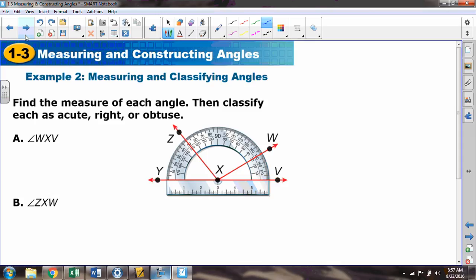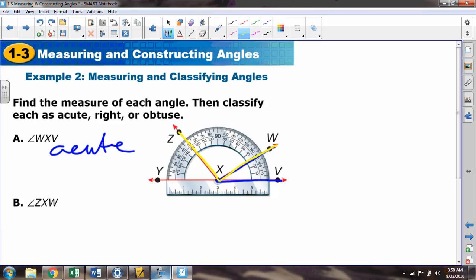Okay, so let's start looking through some pieces. Angle WXV. What kind of angle is it? WXV is acute. Got it. What about angle ZXW? ZXW.